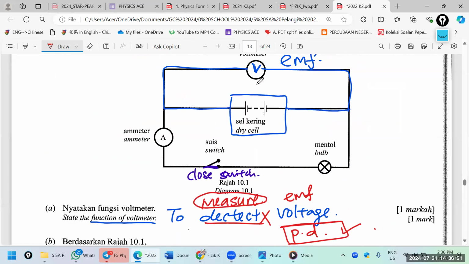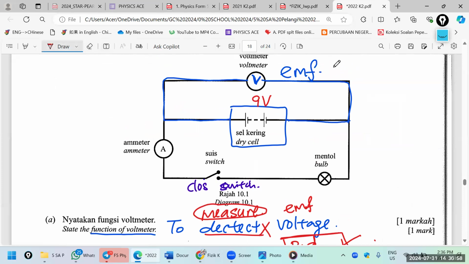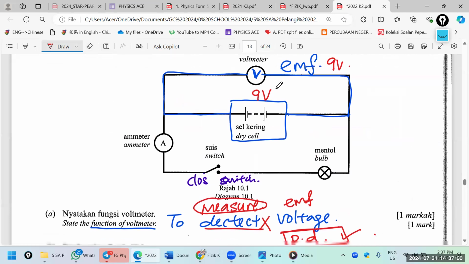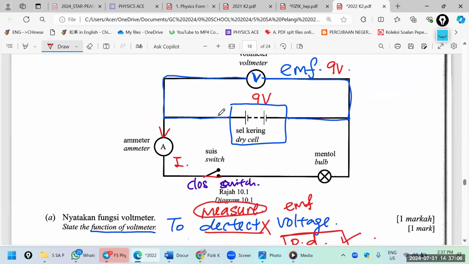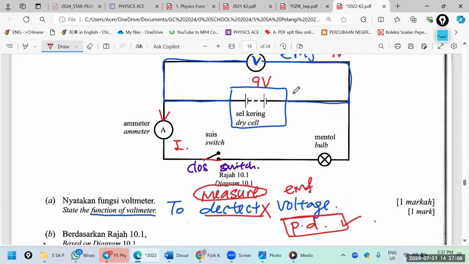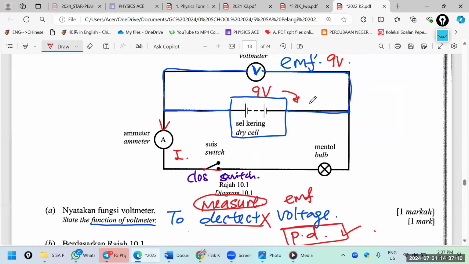Let's say here got 9 volts. When no current flows through, the maximum EMF is supposed to be 9 volts. But when current starts to flow through, the voltage will drop. Let's say it drops to 8.8 volts, a 0.2 volt drop. Why does the voltage drop?